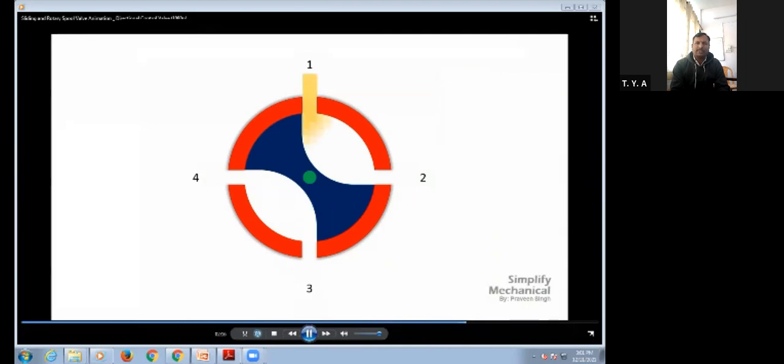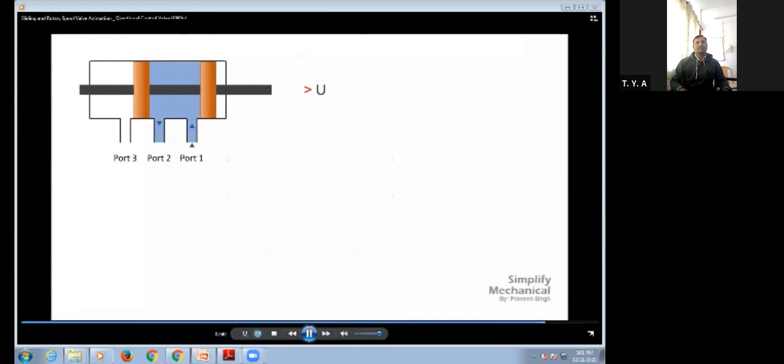Then second position, from port 4 you will come and go from port 2, and from port 3 you will come, and from port 4 you will go outside. Okay, 2 position 4 port.